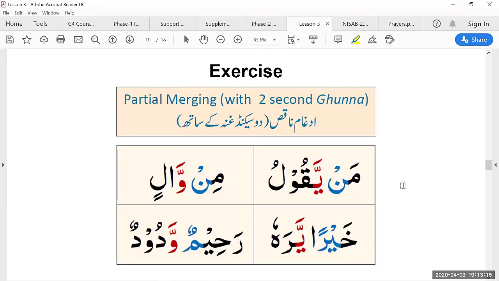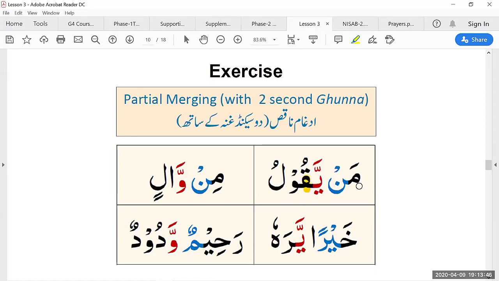Assalamualaikum. Walaikum assalam wa rahmatullah. So can you go through these words? A'udhu billahi minash shaytanir rajim, bismillahir rahmanir rahim. Min yaqul.